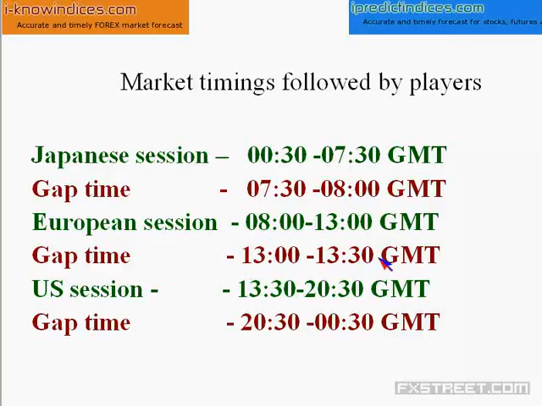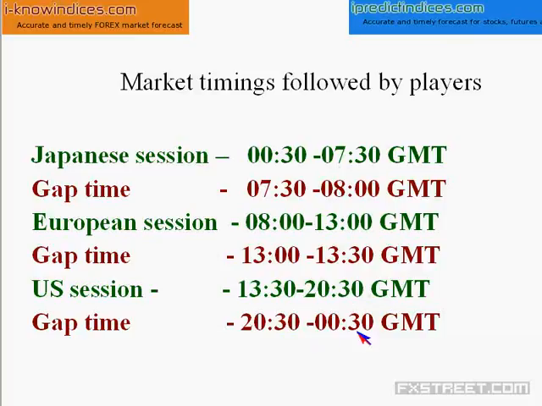Then the gap time is 13:00 to 13:30 GMT. Then the US session is 13:30 to 20:30 GMT. So instead of starting around 14:30 GMT, it will start by 13:30 GMT. So 1 hour of gaining will be seen in the case of the US session. But the session will get over by 20:30 GMT instead of 21:30 GMT.